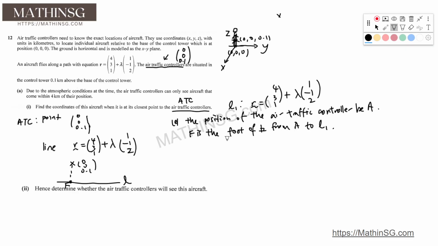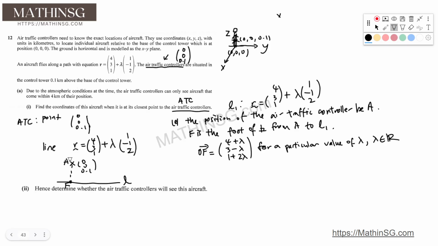Now I'm going to find OF. What is OF? Because OF lies on the line, it will take the equation of the line for a particular lambda value. Lambda must be real. Next, let me find what is AF.